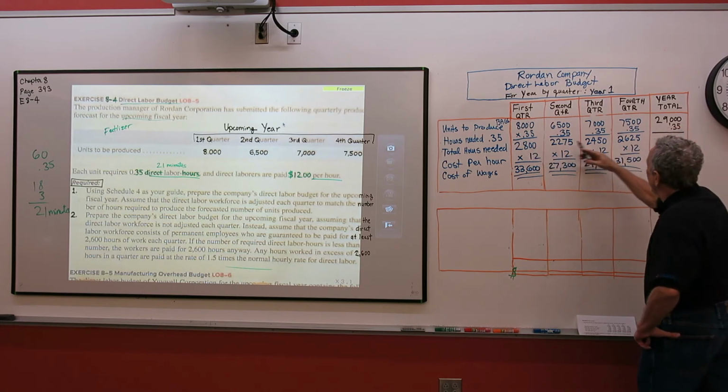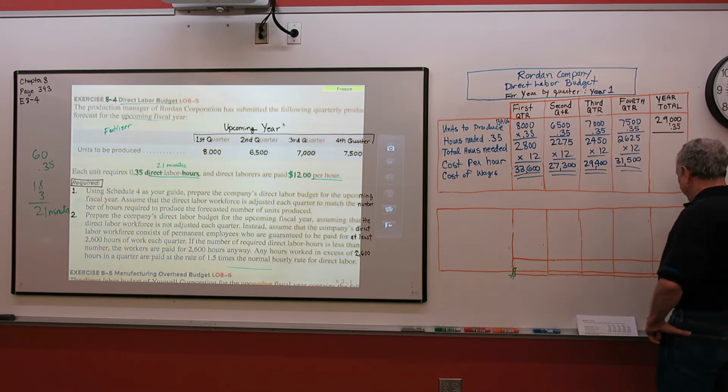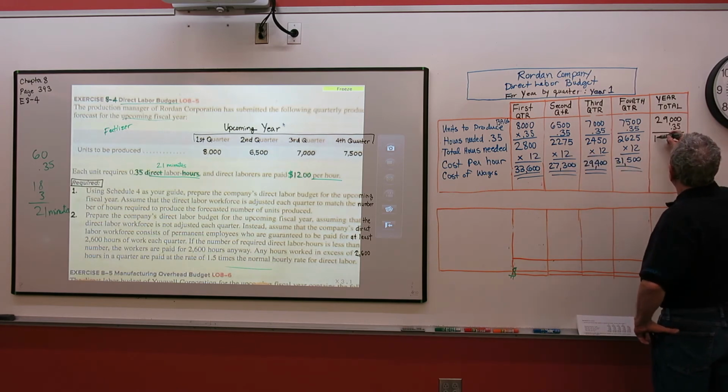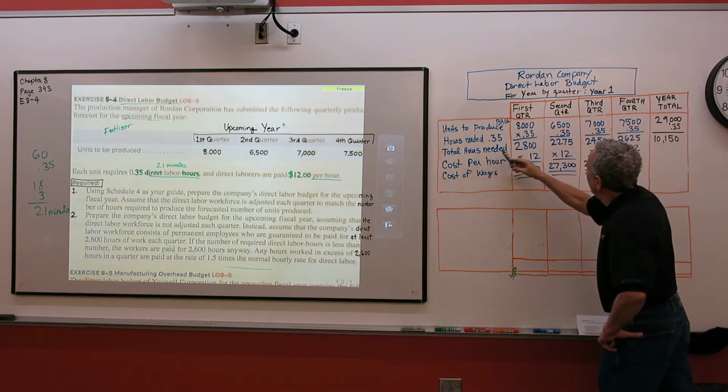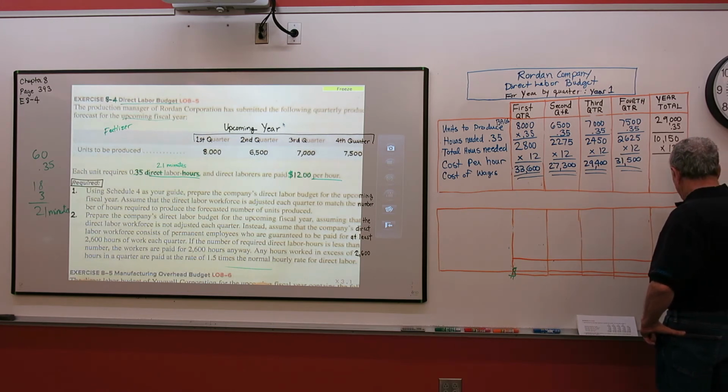And this will cross-foot. There's no inventories in here. So if you add those across, that'll be 10,150, and that's hours. Take that times $12 an hour, and you will get 121,800.